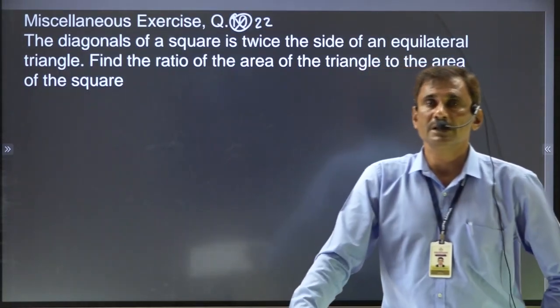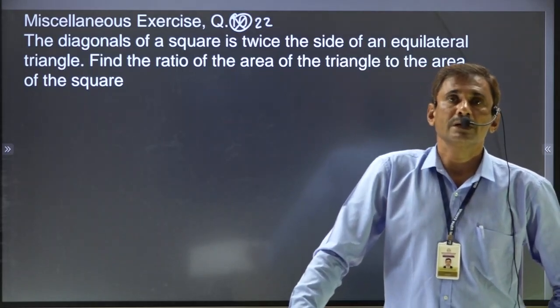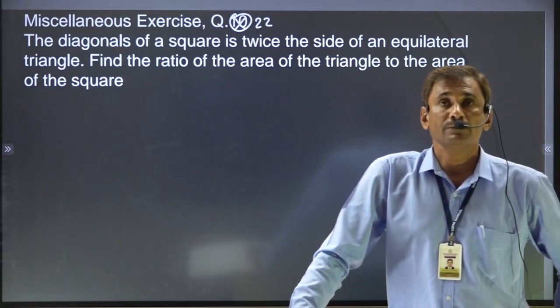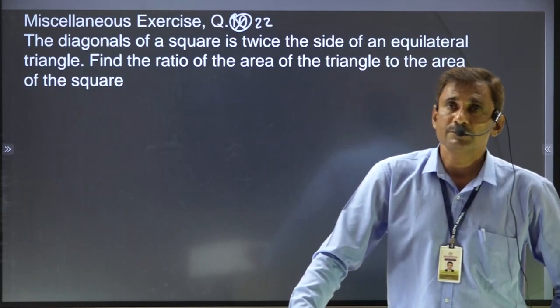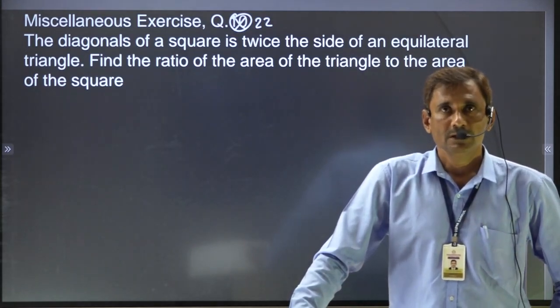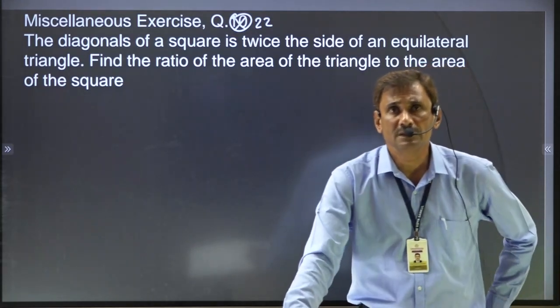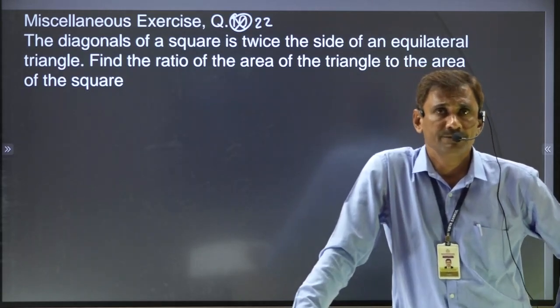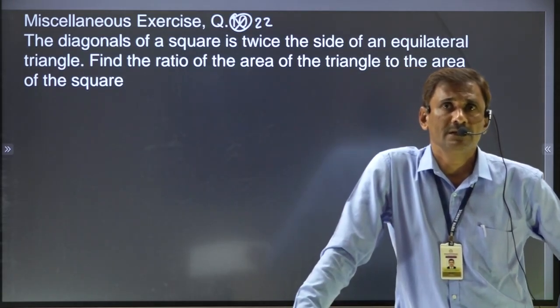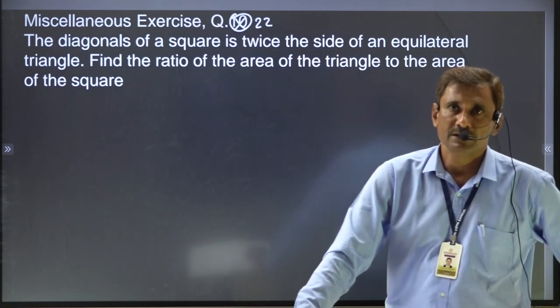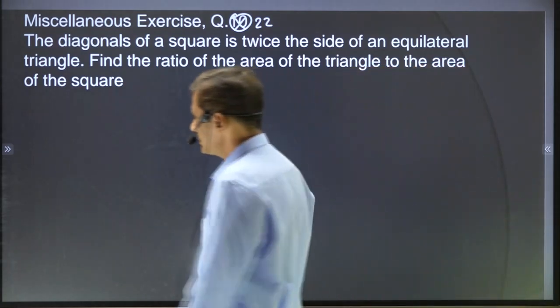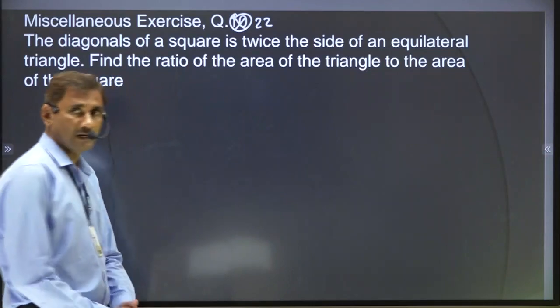Find the ratio of the area of the triangle to the area of the square. So we have to find the ratio of what? Area of triangle to area of square. So for that purpose, we have to suppose first of all the side or diagonal of the square and the side of the equilateral triangle. So they have given a relation. Diagonal is double the side of the triangle.